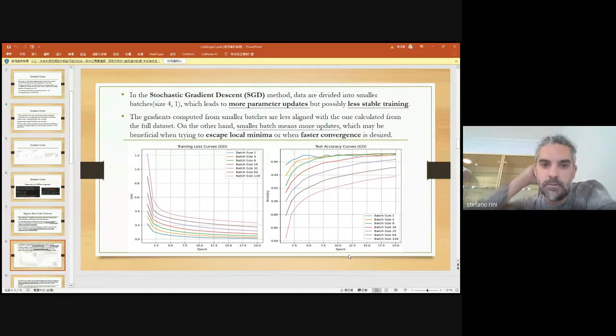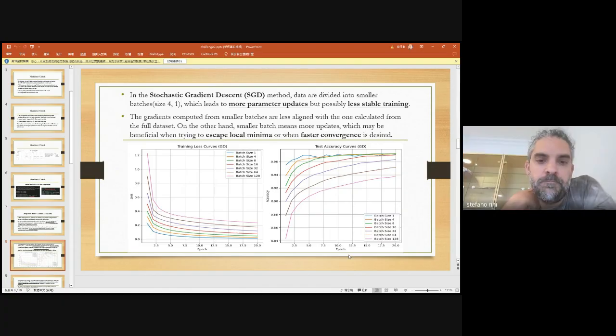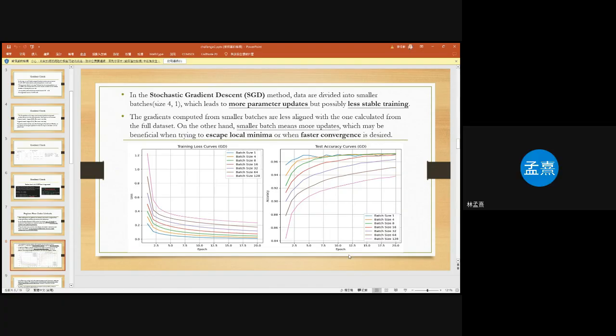Okay, I believe you. But batch size 1 is less stable than batch size 4. So of course, maybe size 4 or size 8 is the best choice. The smallest batch size is beneficial when we're trying to escape local minima or when faster convergence is desired.